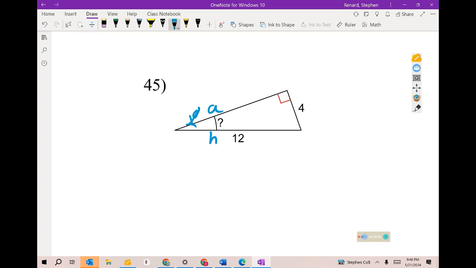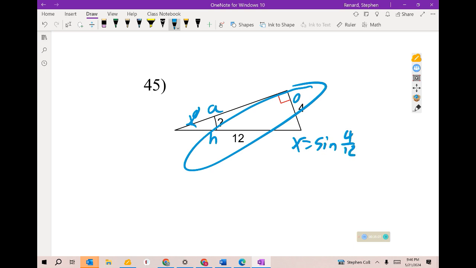This would be hypotenuse, adjacent, opposite, opposite and hypotenuse. That means sine. So x equals the inverse sine of 4 over 12. And that's going to give us 19.47 or 19 degrees.